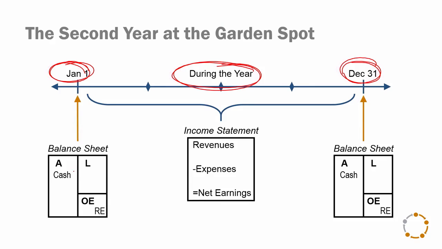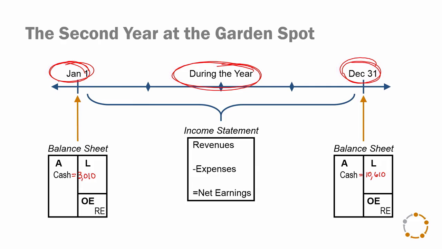At the end of year one or the beginning of year two, we had a cash balance of $3,010. Our balance sheet at the end of year two tells us we have a cash balance of $10,610.